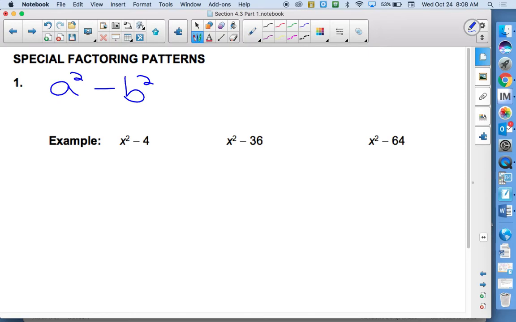What's special about 4, 36, 64? They're special numbers. Why are they special, Holly? Yeah, they're all perfect squares. So 4, 36, 64, those are perfect squares. So when your numbers are perfect squares, there's a special pattern that you can use to factor them. So this is factoring with perfect squares.